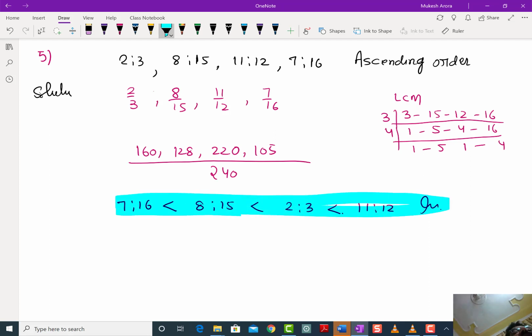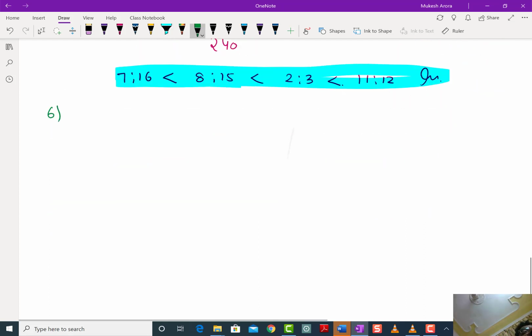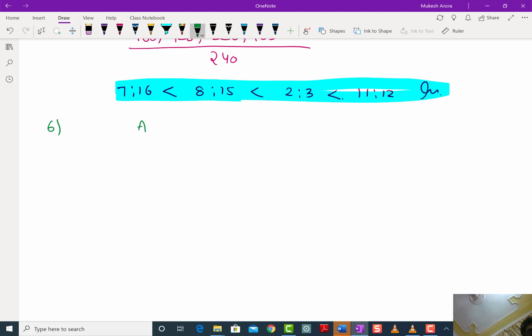Next question. If A ratio B is 4 ratio 5 and B ratio C is 2 ratio 3, find A ratio B ratio C. So first of all we have to write it.